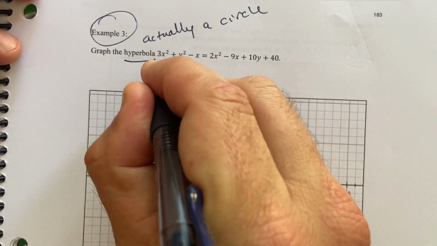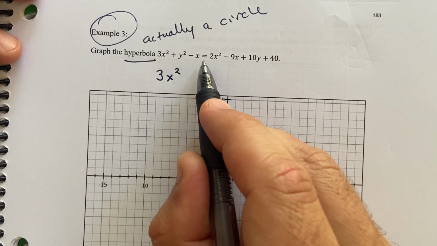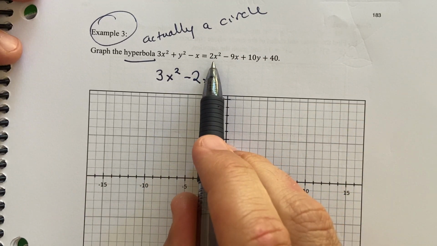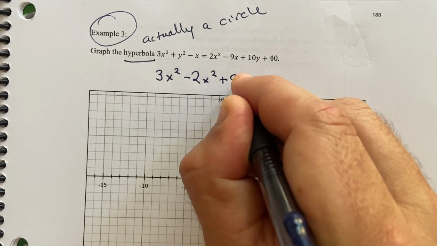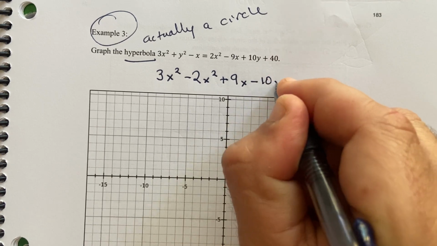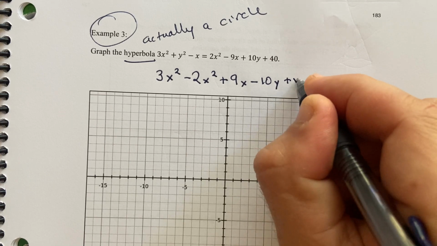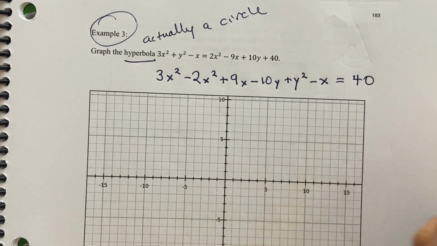So I'd be able to write 3x squared, and then I'll subtract the 2x squared, right? And then I'll add the 9x, and then I'll subtract the 10y. I still have plus y squared minus x, and this would all equal 40 now.